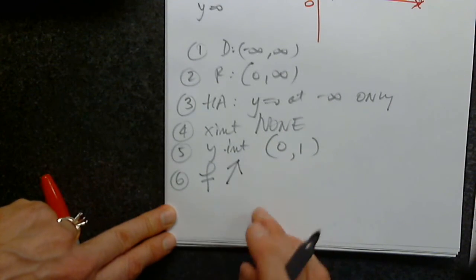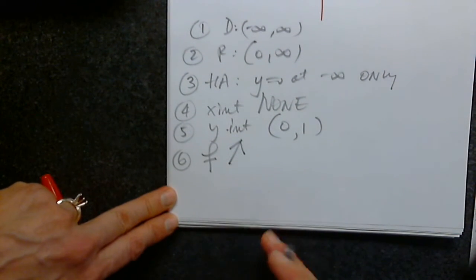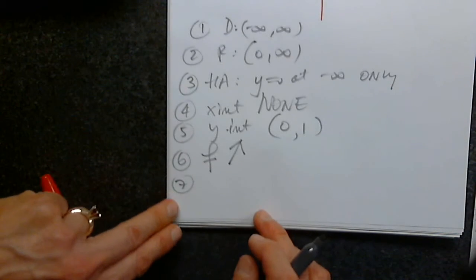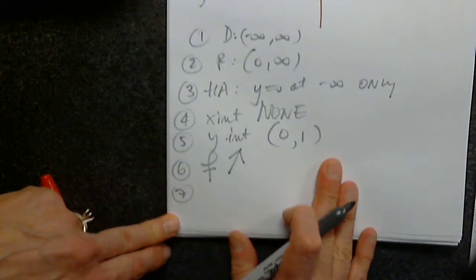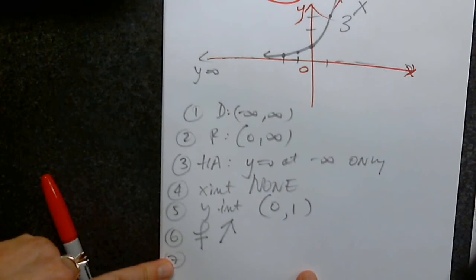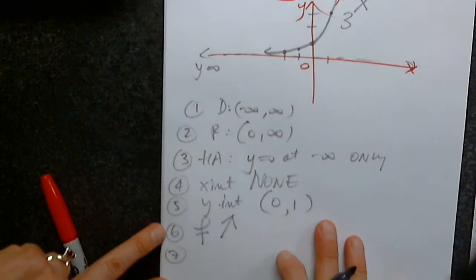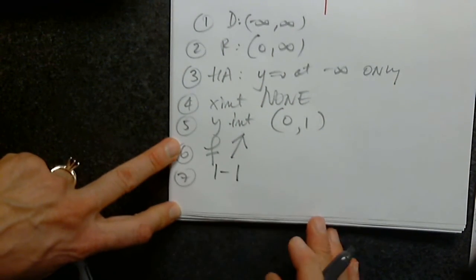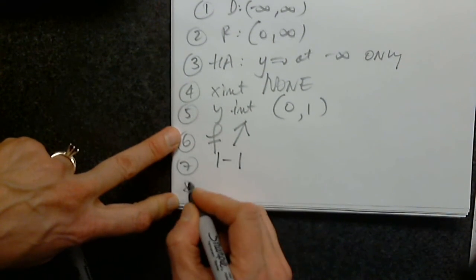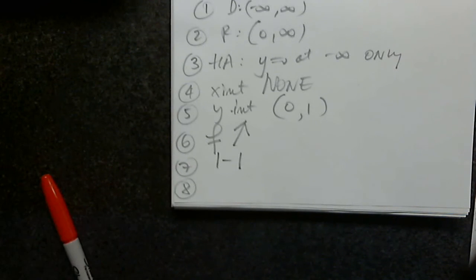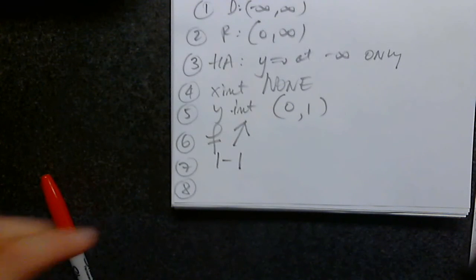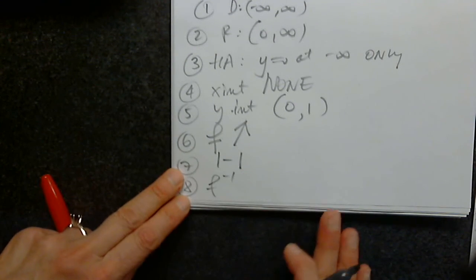Very good. Increasing on all its domain. Number 7, is it 1 to 1? By the horizontal line test, it's 1 to 1. Number 8, does it have an inverse function? It's 1 to 1, so it has an inverse function.